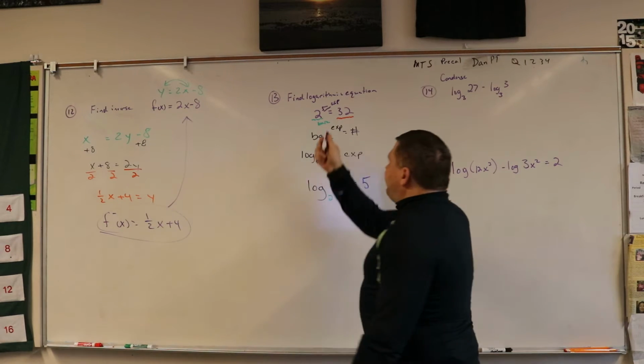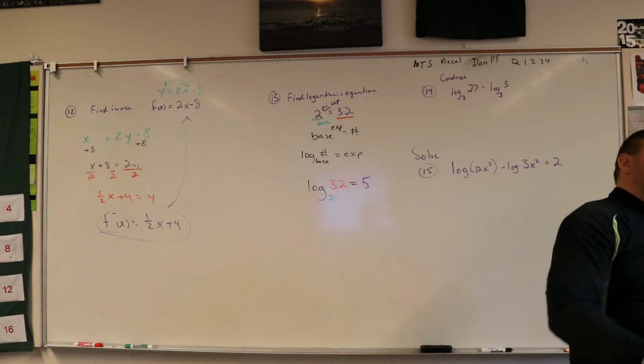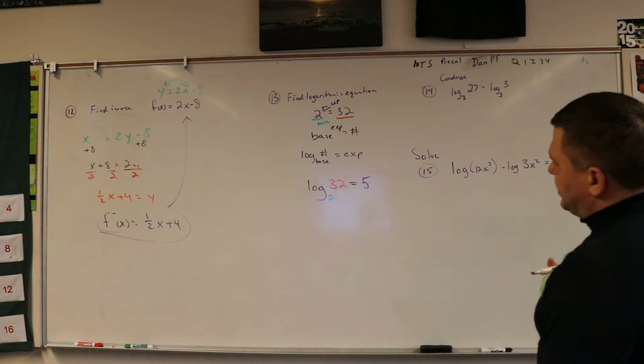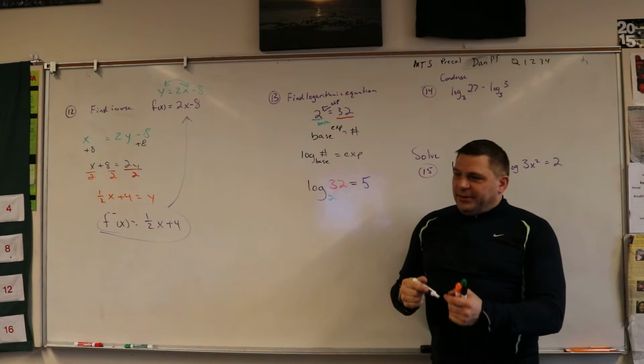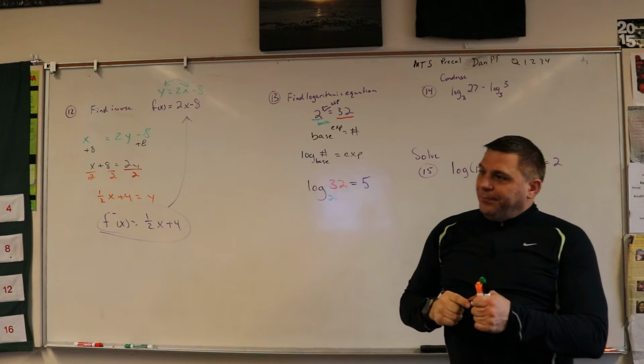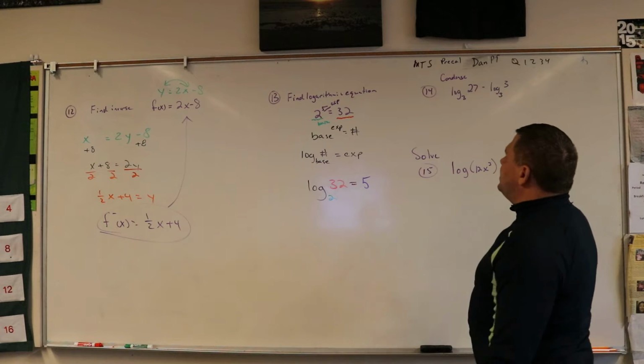So 2 to the 5th is 32. 2 times 2 times 2 times 2 times 2 is 32, right? But the log base 2 of 32 is 5. Okay? This just goes back to that basic logarithm that we did.